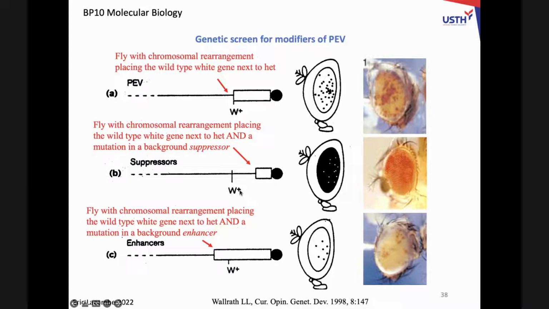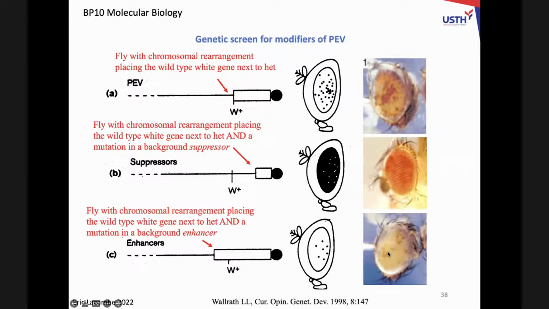In the suppressor, W plus is now only in euchromatin, but still at the same place. So strong expression. And in the enhancer of this position effect, the wild type gene W plus was not expressed at all anymore. You see, it's much weaker than in the first one. This is because now the W plus gene, which before was just at the border between hetero and euchromatin, is completely in the middle of heterochromatin, so no expression at all.